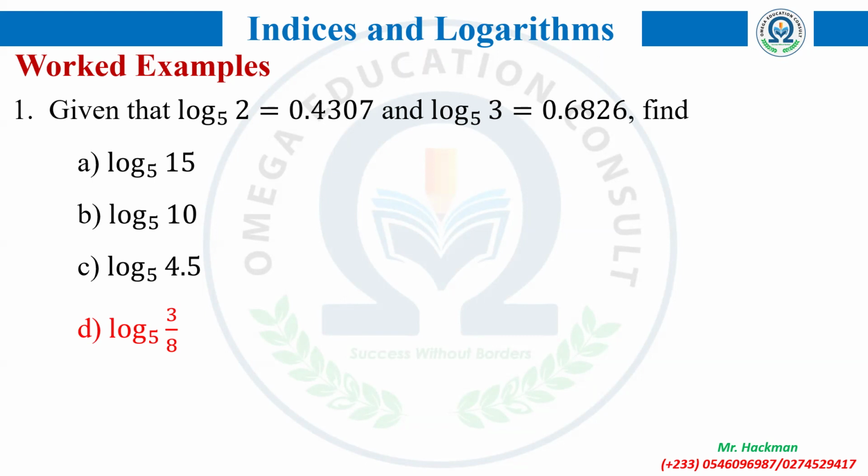So the question before us: in certain situations, you will be told specifically, either directly or indirectly, not to use calculators to find values of certain log expressions or to evaluate them. When we don't want you to use calculators, sometimes the log values that you will need will be given.